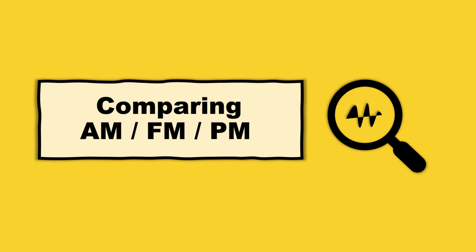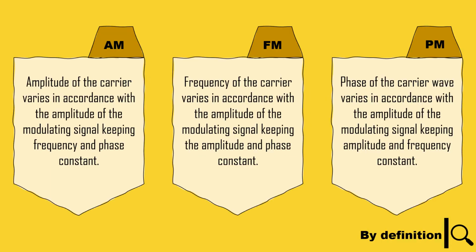Before we go through the concepts of the two principles of angular modulation, we first compare frequency modulation and phase modulation to amplitude modulation. To start, in terms of definition, amplitude modulation is defined in a way that the amplitude of the carrier varies in accordance with the amplitude of the modulating signal, keeping frequency and phase constant.